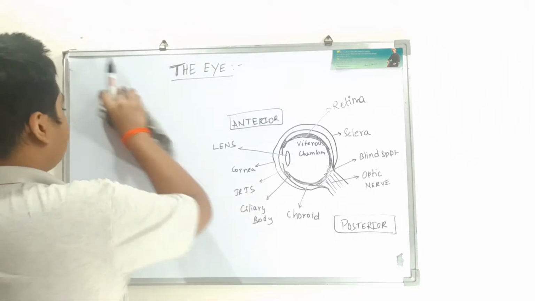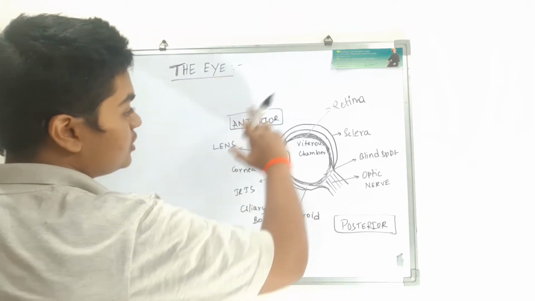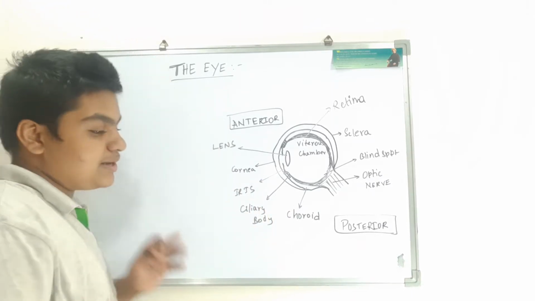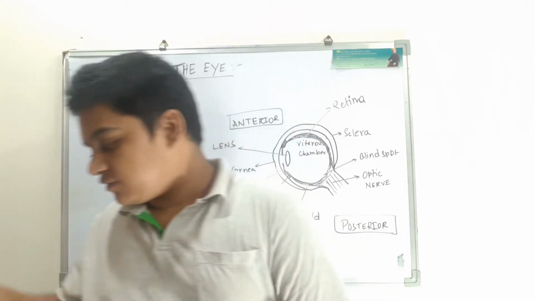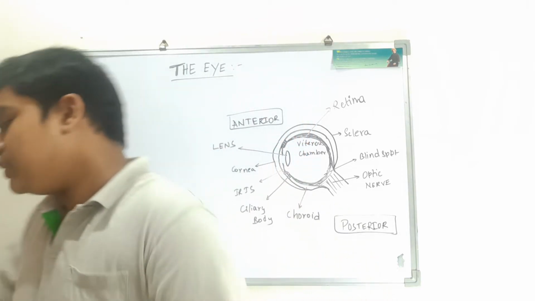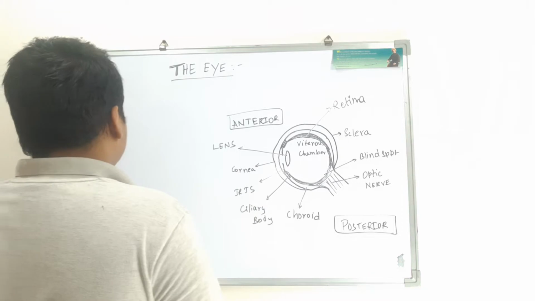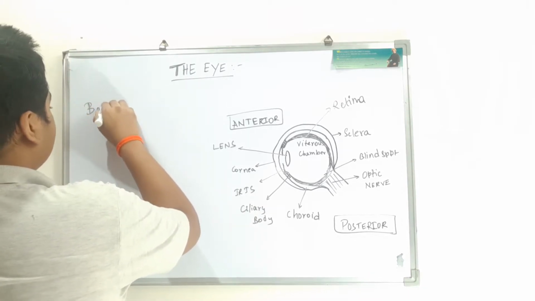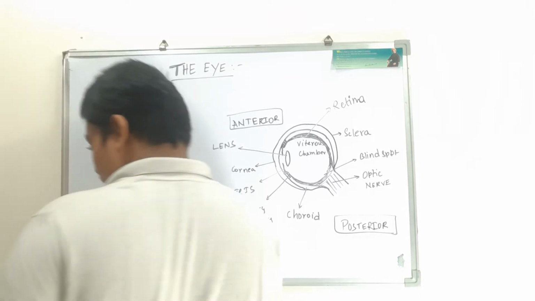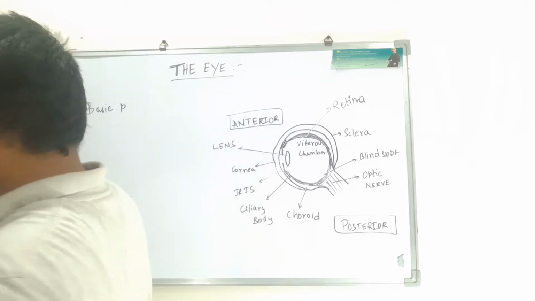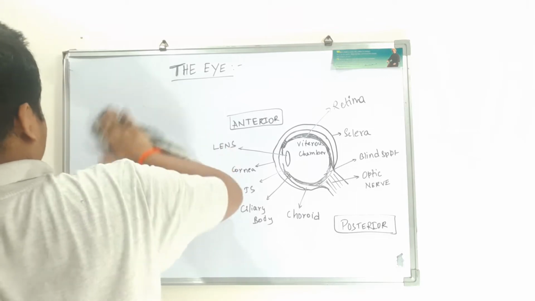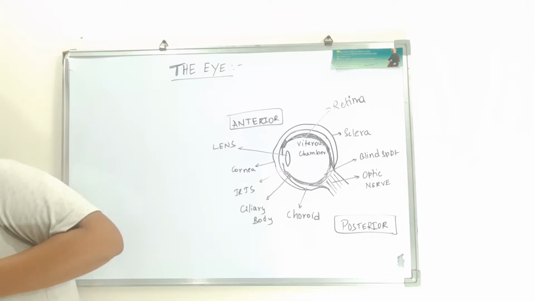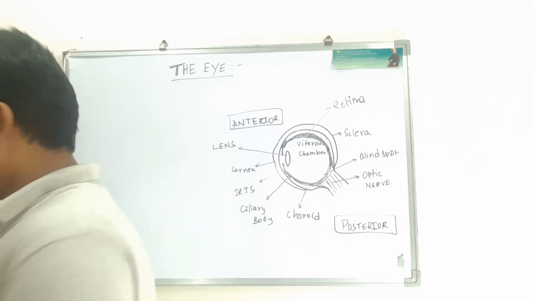We'll be talking about some of the basic parts. This is the detailed diagram of the eye, and now we'll be talking about some of the basic parts of the eye that we have seen in our lower classes. I don't know what is happening to this marker, so let me try my blue marker.